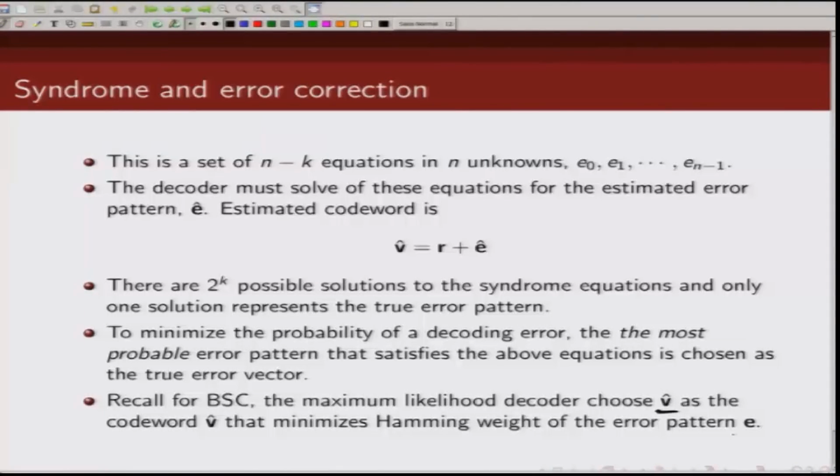In other words, which would minimize the Hamming weight of the error pattern E. So, from the 2^k different solutions, the one which has the least Hamming weight is the best solution for the maximum likelihood decoding rule for a binary symmetric channel.